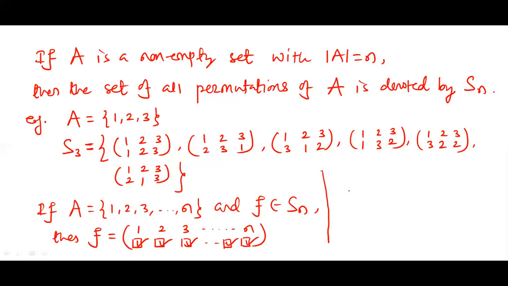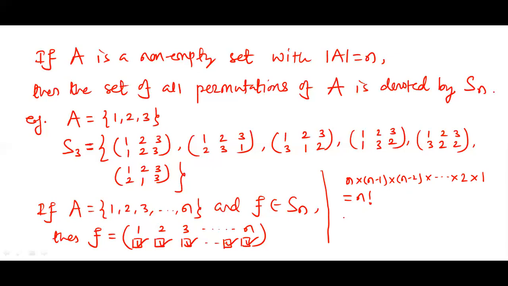Means we can say that for the first box, we have n choices. For the second box, n minus 1. For the third, n minus 2. For the second last box, we have 2 choices. And for the last box, we have 1 choice. And it is equal to n factorial.